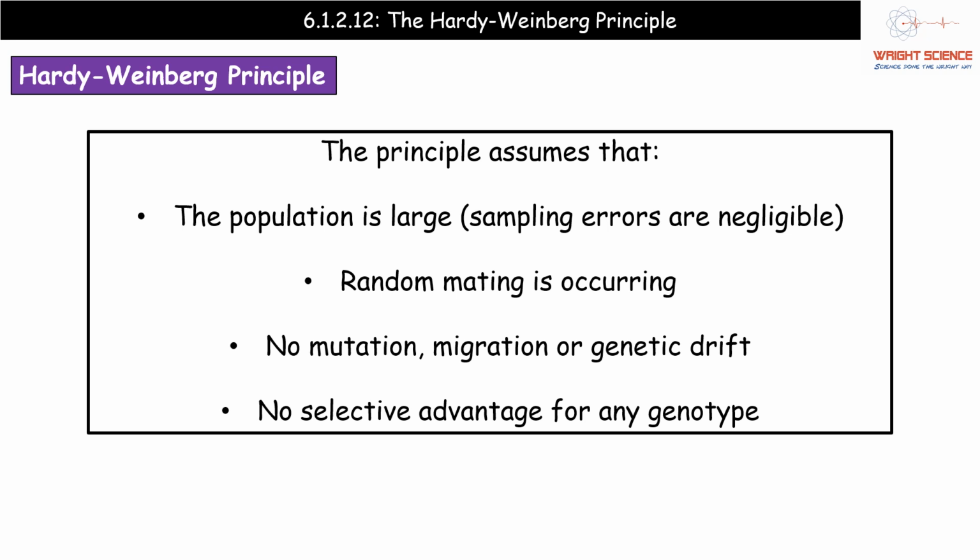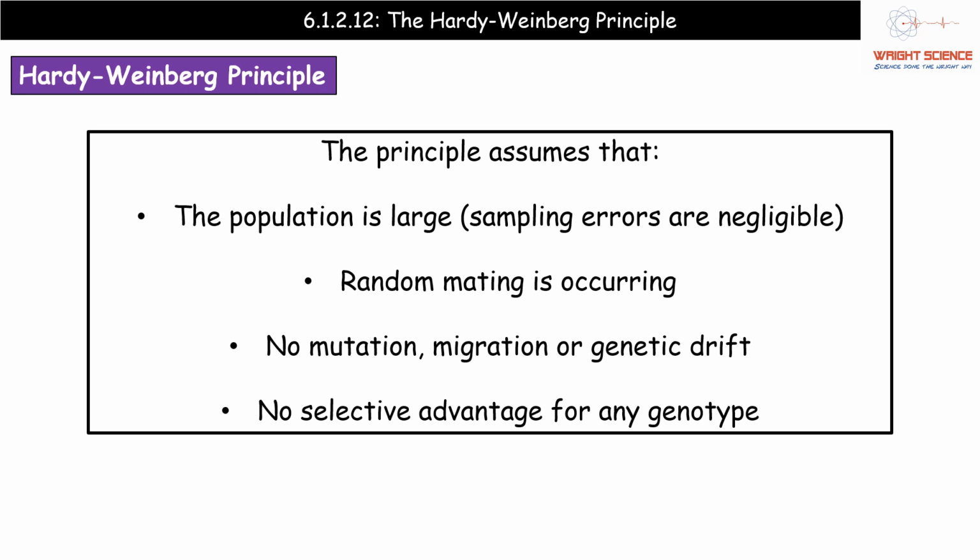One of the common questions that comes up on the exam papers looks at these assumptions. It might explicitly ask you what assumptions are made, or it might ask you why the Hardy-Weinberg Principle may not be very good to use in a given context.